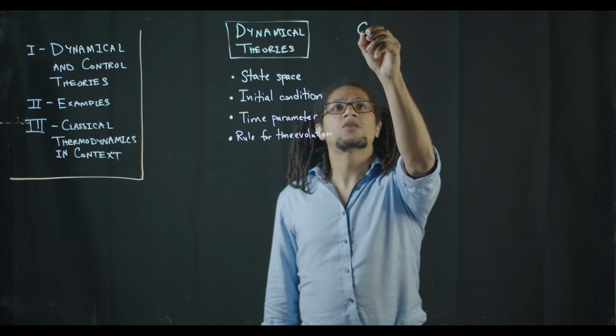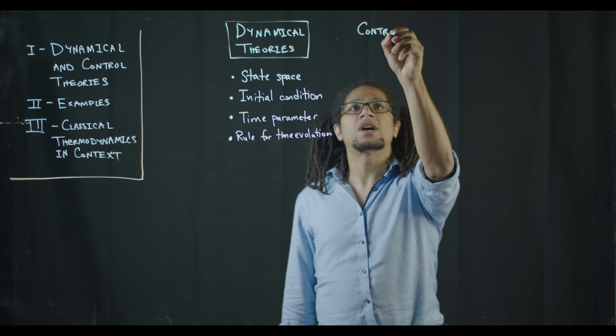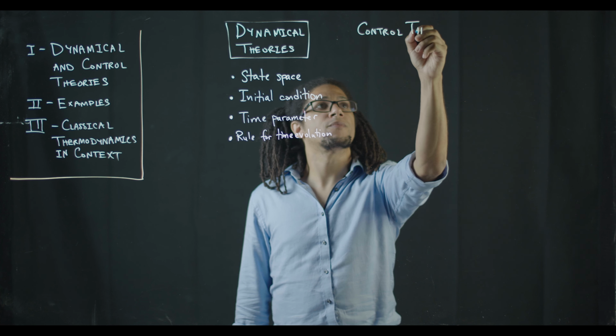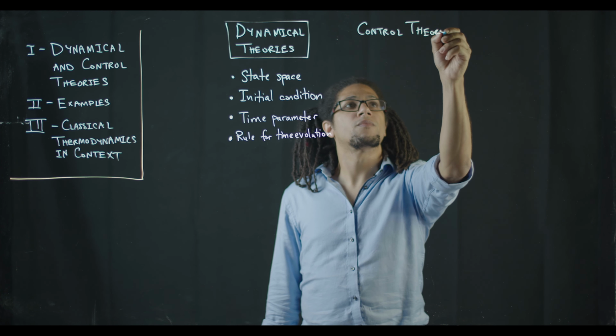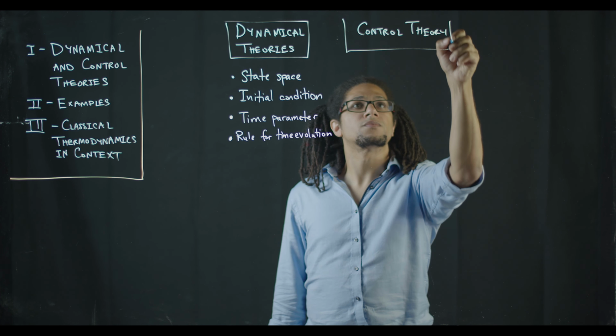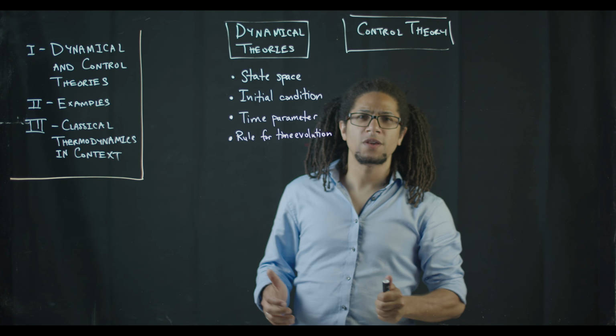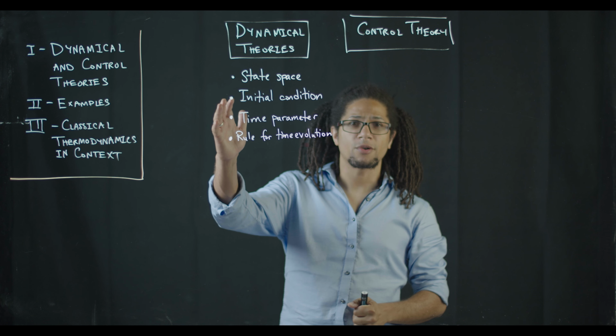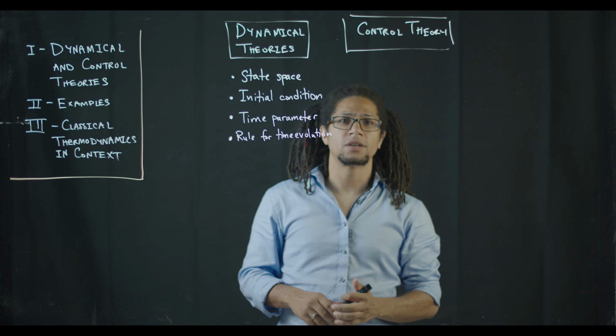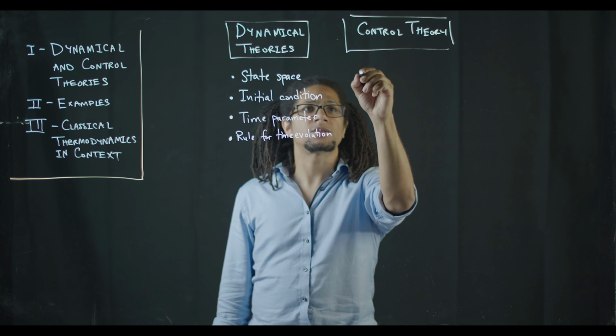In any case, thermodynamics is a type of theory called a control theory. A control theory has a few of the same aspects as a dynamical theory, but some which are different. So it also involves a state space.